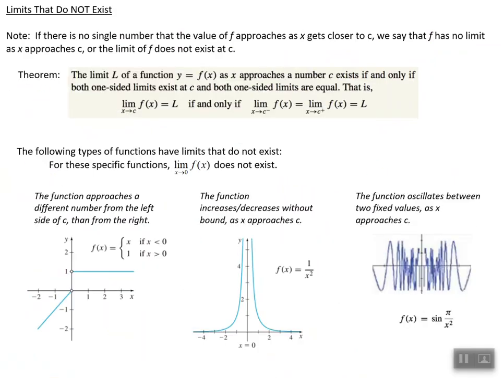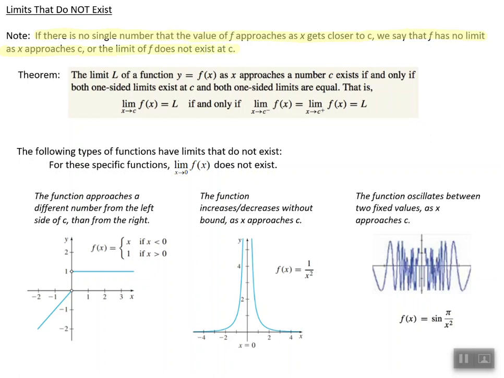Please note that if there is no single number that the value of f approaches as x gets closer to c, we say that f has no limit as x approaches c, or the limit of f does not exist.